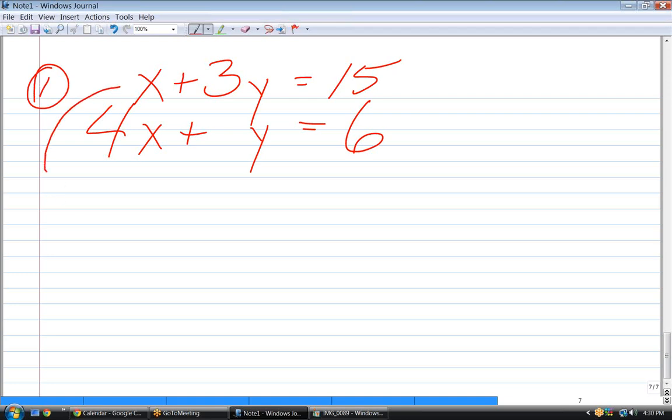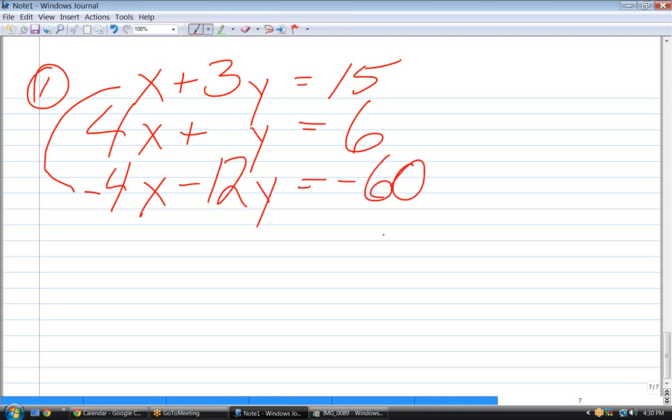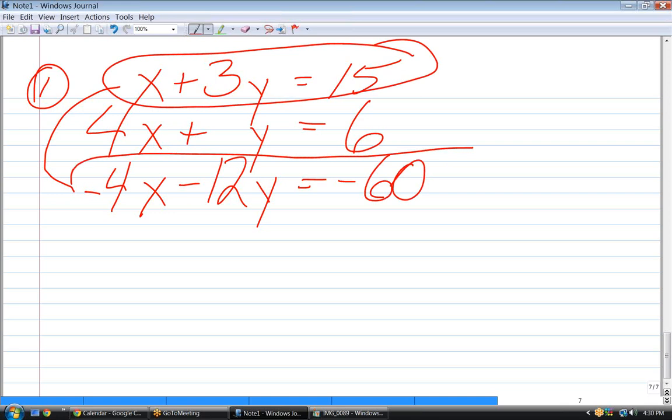If I multiply both sides by -4, I get -4x minus 12y equals -60. You see that? In other words, this is the exact same thing as that. I haven't done anything to it. I just multiplied both sides by -4. It's the same equation.